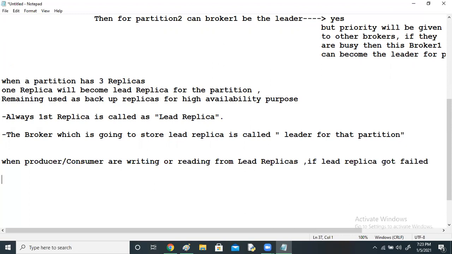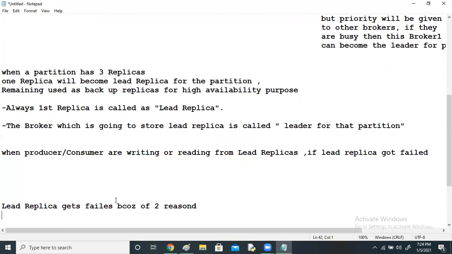Yes, so I'll come back to that. I'll just leave some space here, and before going with that, I'll come back to it. But why does a lead replica get failed? A lead replica gets failed because of two reasons.